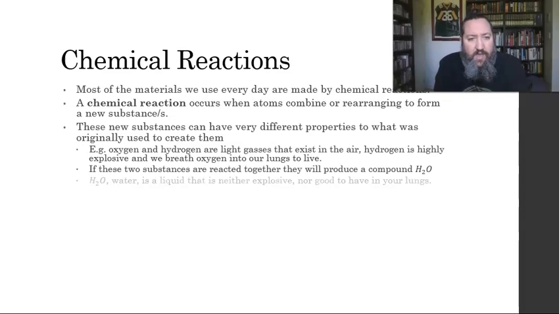Now, H2O, you know, is water. Water is obviously not explosive, and it's also not something that you'd actually want to have in your lungs, is it? So hydrogen and oxygen, very, very different properties as gases to water, a liquid that is the product of that reaction. So it's definitely a different process than just mixing things together. You get something very, very different at the end of it.